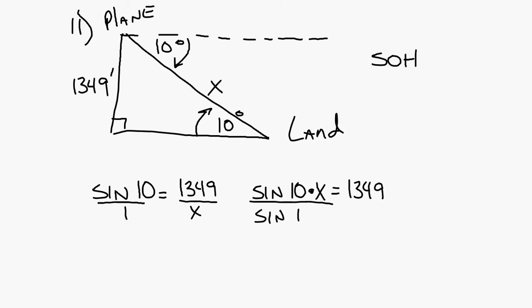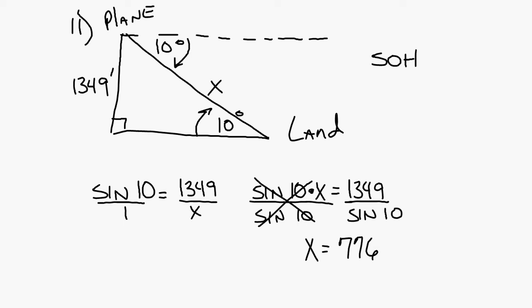Sine 10s cancel. So your x equals 1349 divided by sine 10. Okay, pay attention. You got 7768.58.